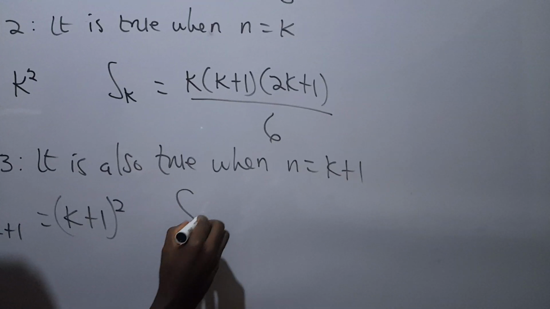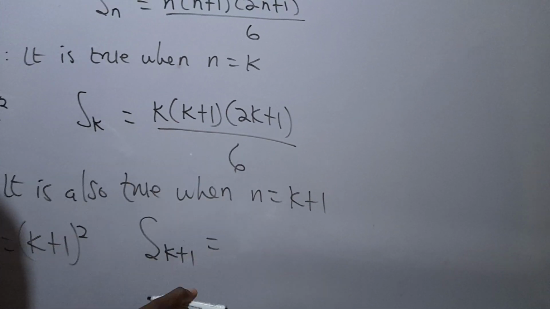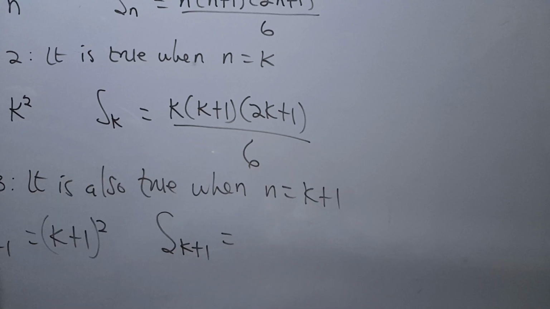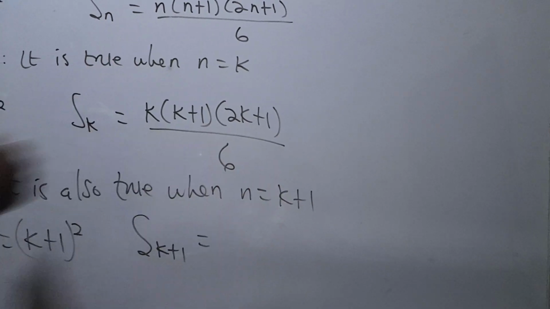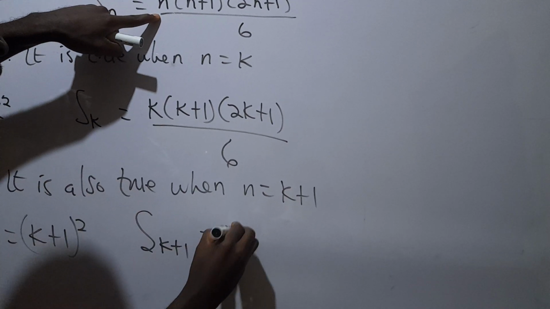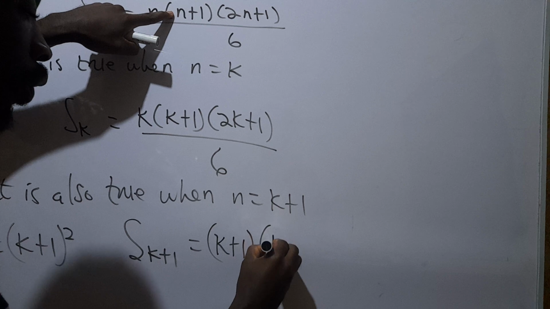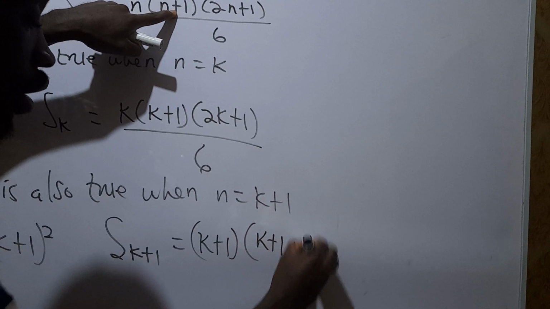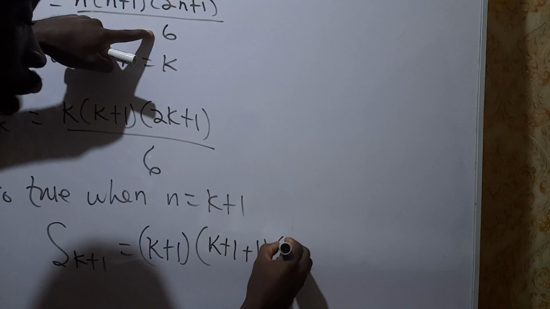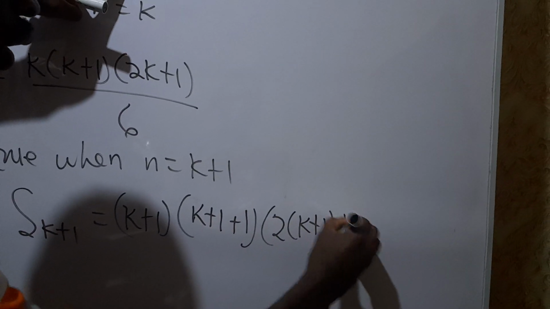And our s_(k+1) will be equal to, anywhere we see n, we substitute k plus 1. So there is n here, we have k plus 1. Another n here, k plus 1, then plus 1. Then we have 2 into bracket, k plus 1, bracket close, plus 1.